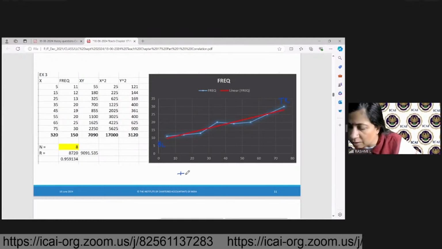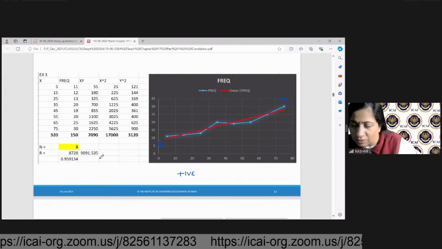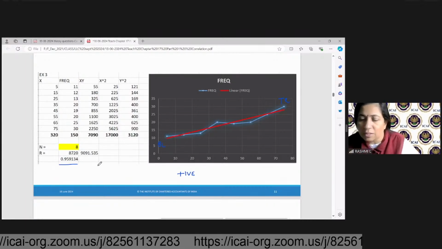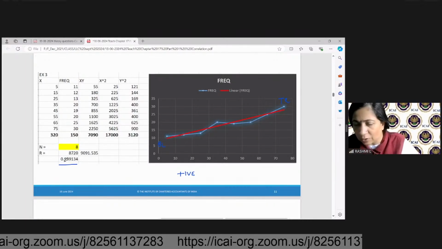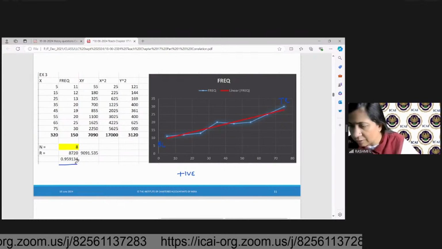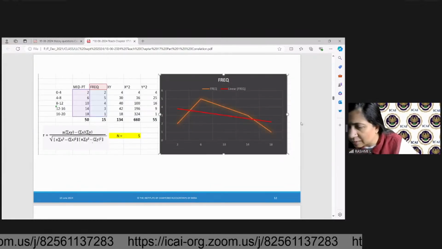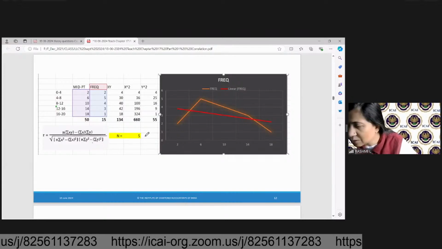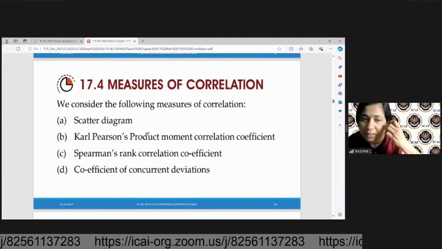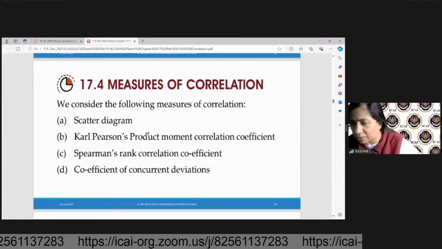This is a positive correlation. If you calculate, you will see 0.95. Just a way for you to imagine and remember things.